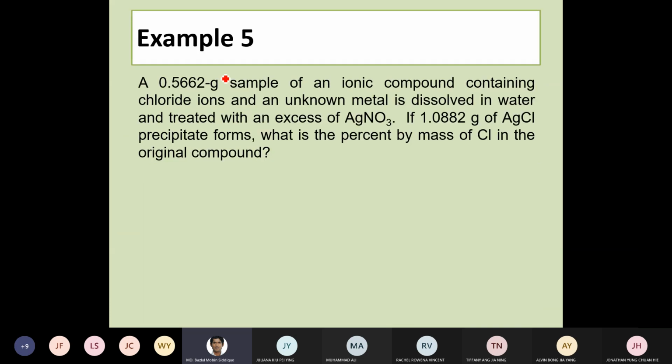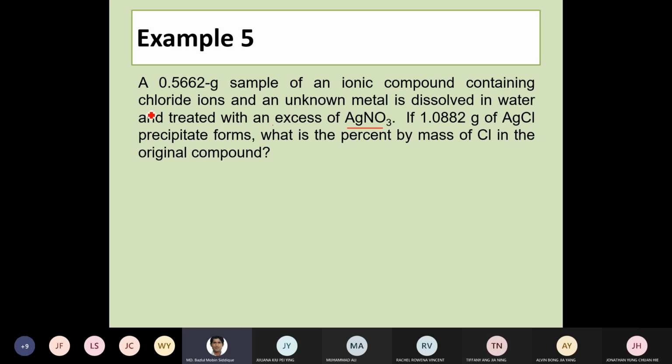One example: an ionic compound which has a chloride ion and an unknown metal is dissolved in water and treated with excess silver nitrate. Excess AgNO3, that is silver nitrate, was used to precipitate out all the chlorine there is.